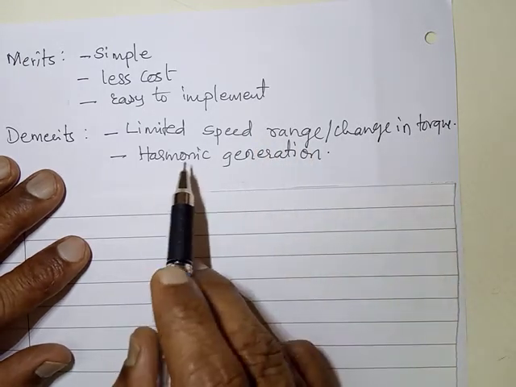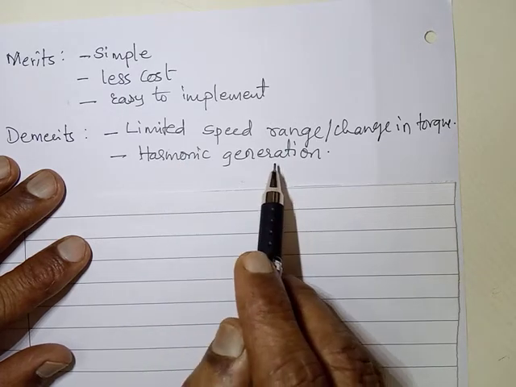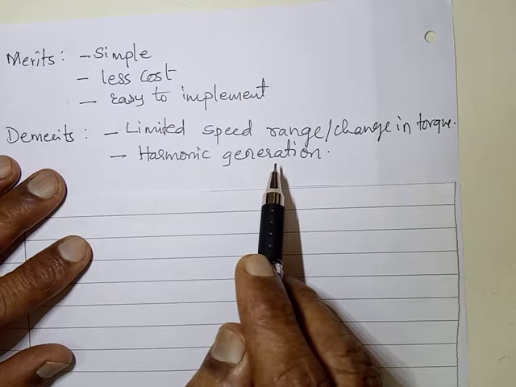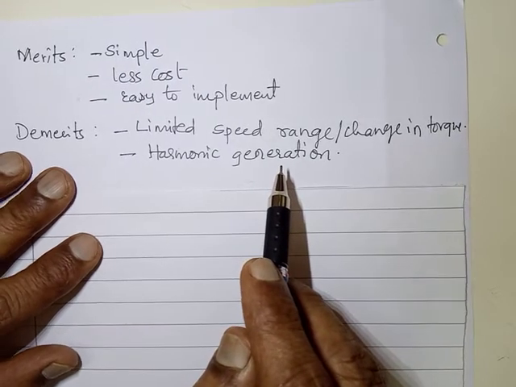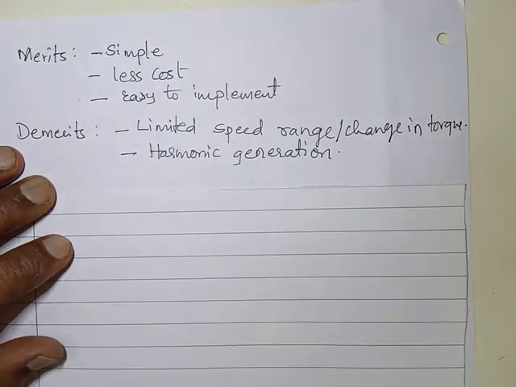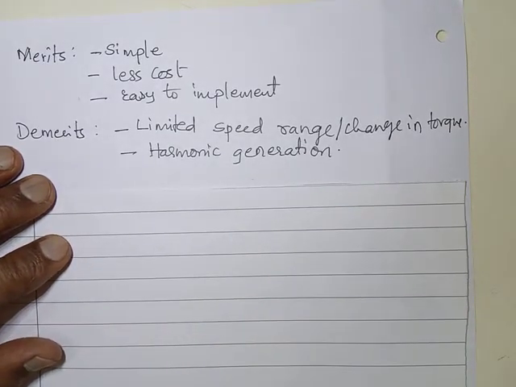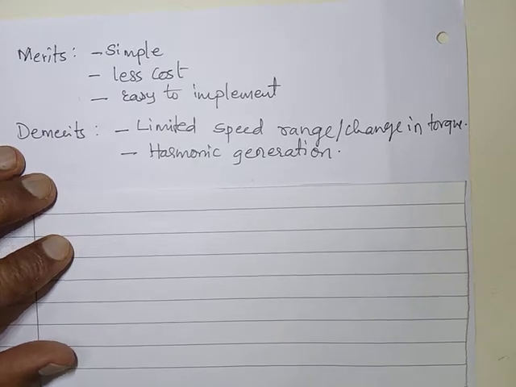And another important thing is, because it is a chopping principle that is employed, harmonic generation is very high. That's why the performance of the motor gets deteriorated. It becomes poor. Heating will be more, overheating will be there. We need to do something else to reduce the harmonics and make the waveform as near to sinusoidal as possible.